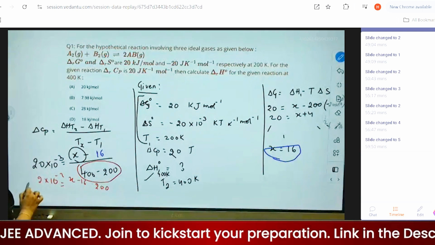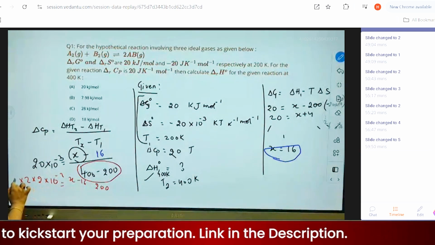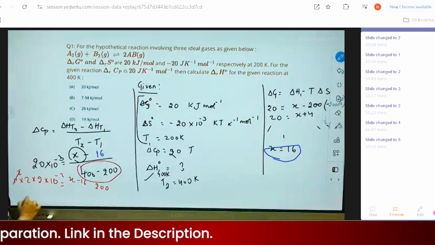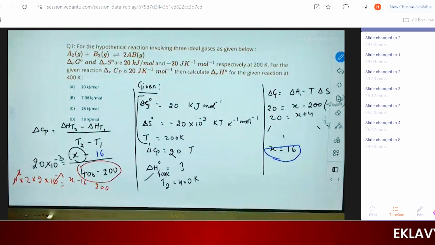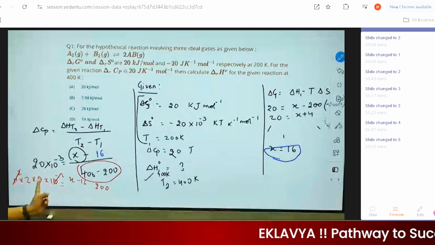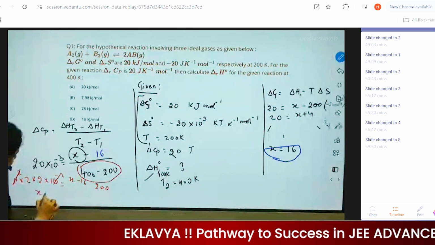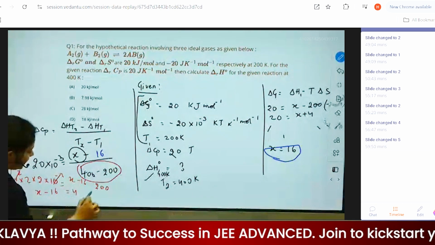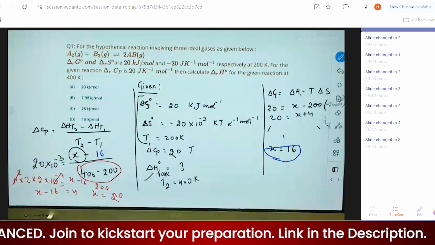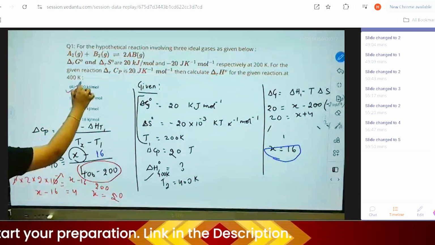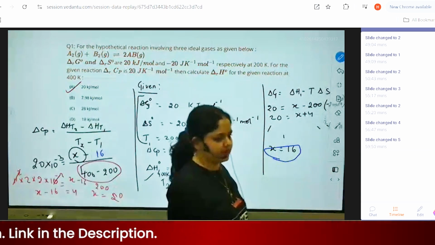If I take this here, 2 into 10 to the power 2, so 10 power 2 and 10 power minus 2 get cancelled out. So x minus 16 is equal to 4. So x is equal to 20. So this is the answer. 20 kJ per mole is the answer for this question.